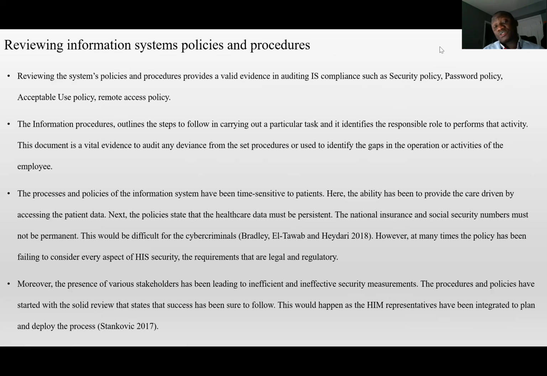So it's important to review policies. Policies, for example, a password policy. That's a very good policy to review.